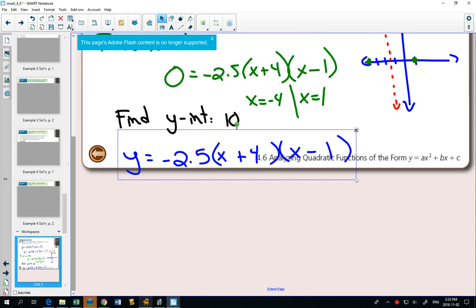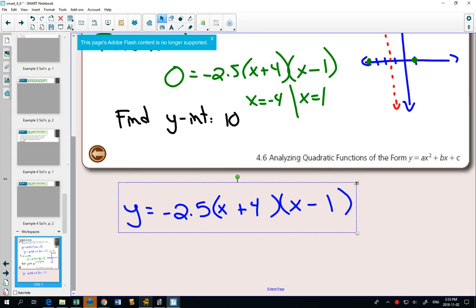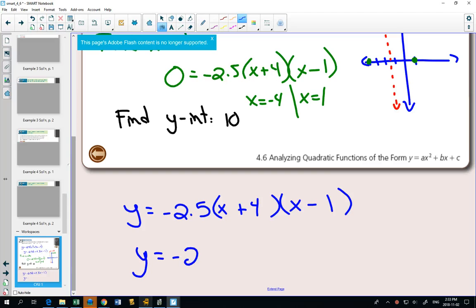If I take my equation and I plug in -1.5, can you see that you had -2.5? In here, -1.5 plus 4 will be 2.5. And here, -1.5 minus 1 will be -2.5 again.